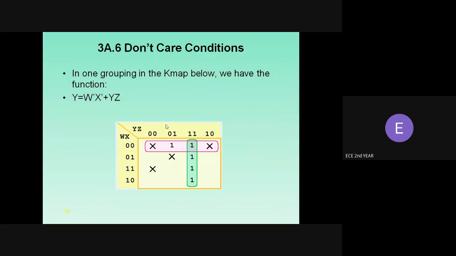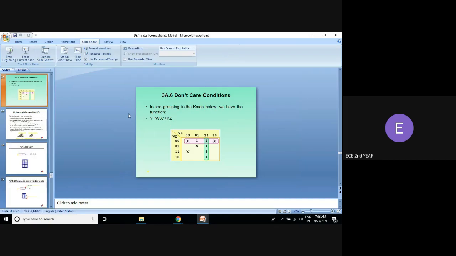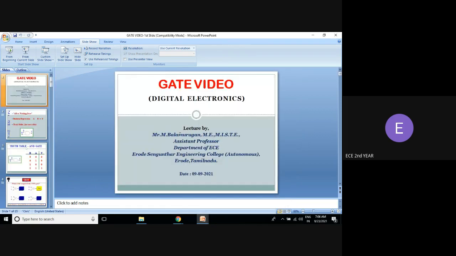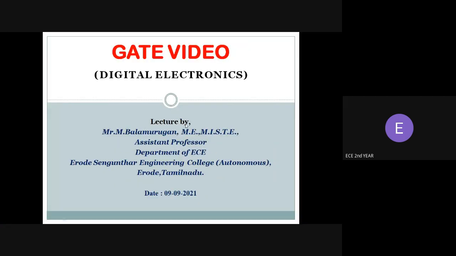So by this last slide, I would like to conclude my presentation. In this, what you have seen is that the basic logic gates we have finished, and all the types of gates we also finished, and what a Boolean expression is, and all the types of Boolean expression like SOP and POS, and how to write the term in SOP and how to write the term in POS, that is also seen.